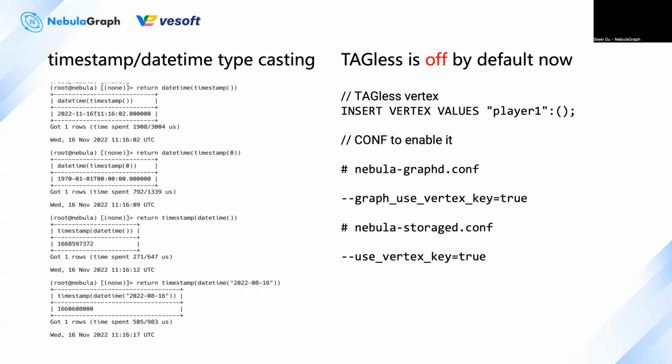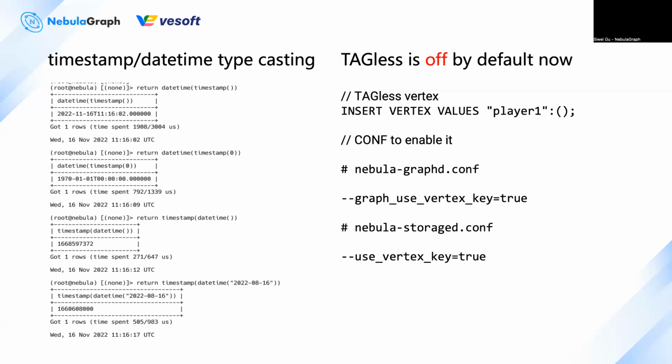That means if you delete one tag, those vertices with only this one tag were not deleted. They became bare vertices. In most cases, that's not the users' expectation, and it brings a lot more complexity.